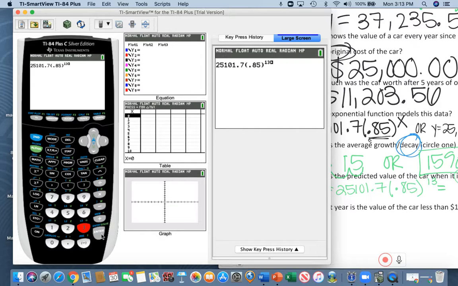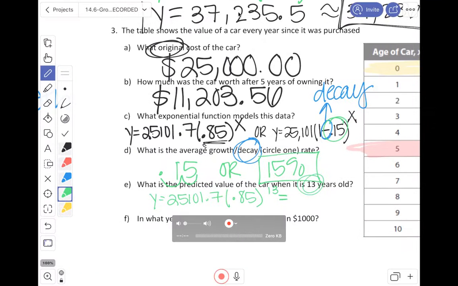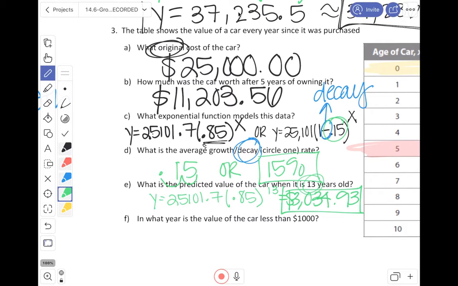We want to know when it's 13 years old. So it's equal to 3,034.93. That is what it's worth.